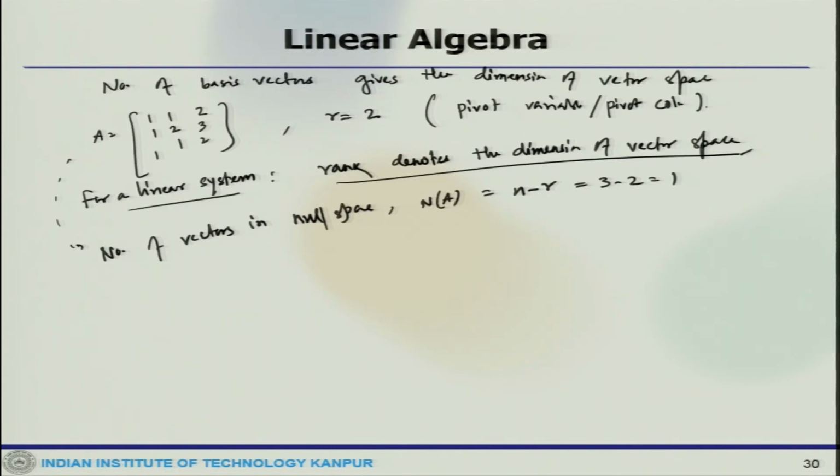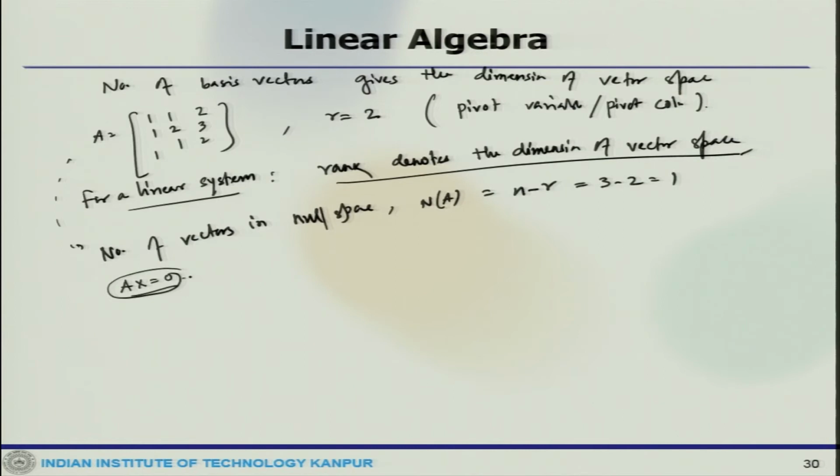Now, here the basis vector for the null space would be, one can clearly see that, because we have already discussed how to find the null space basis vector. We can do that by solving Ax equals 0.